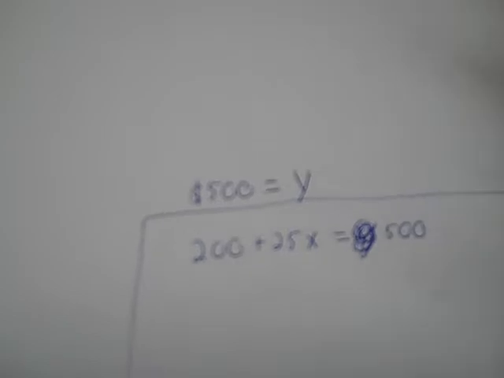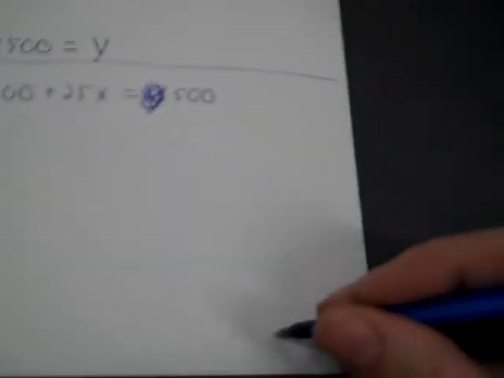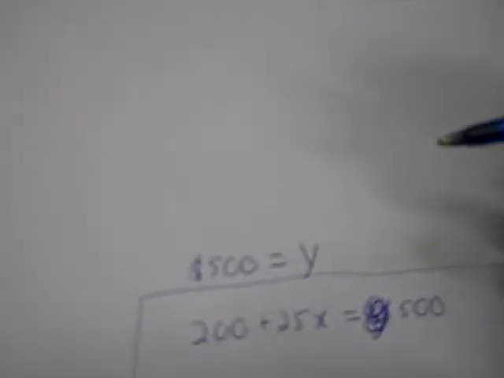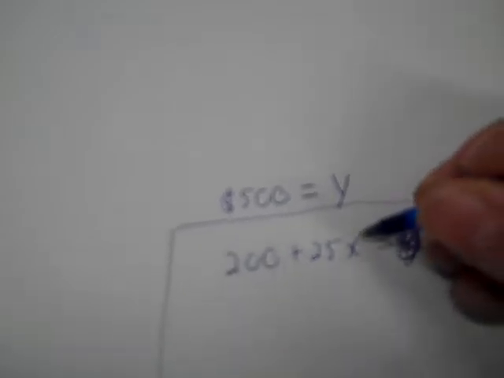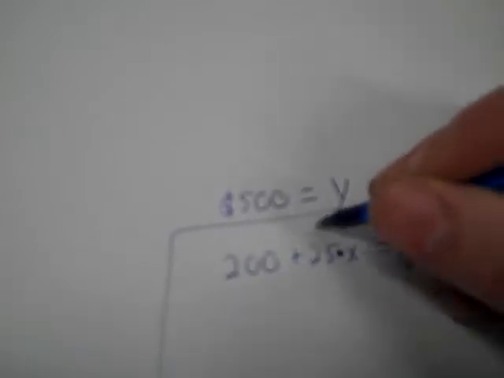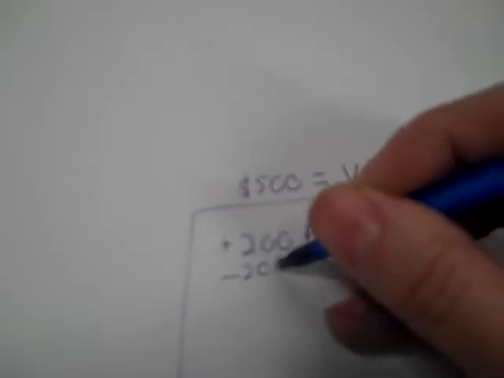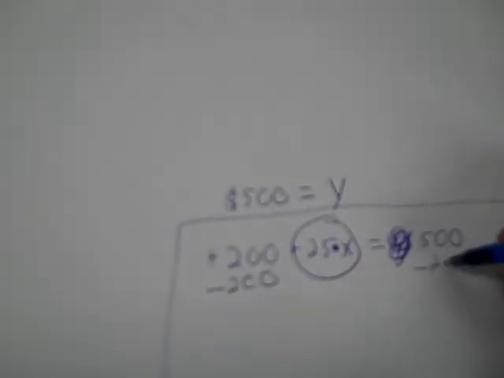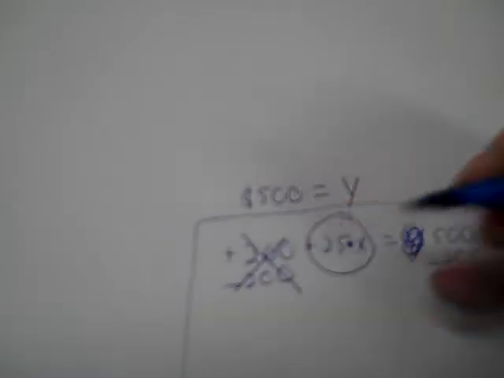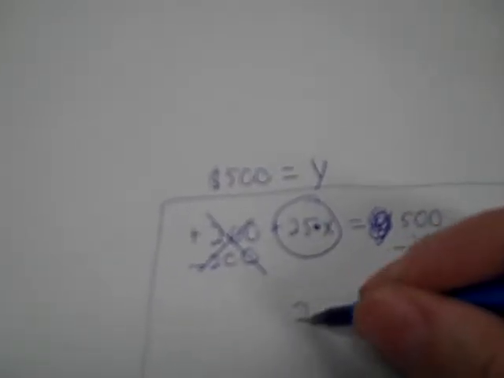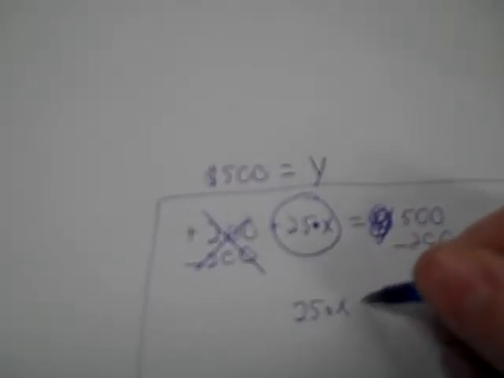And now we have to get the x by itself. So there's only one answer for x. There's not 2 because you don't have a second power. It's just x. So I dot my x, circle it. I have this 200 out here. It's like a plus 200, so we need to minus it. So 200 minus 200 cancels, and I have 25 times x.